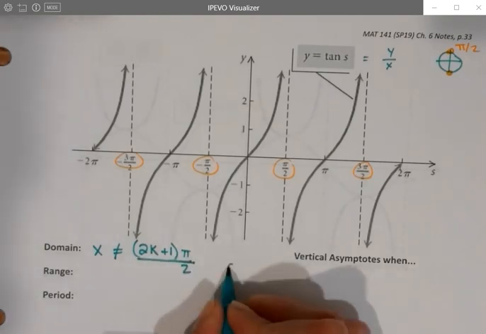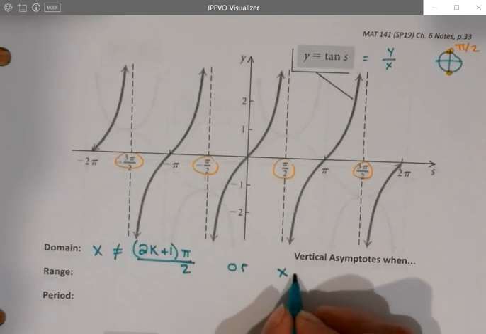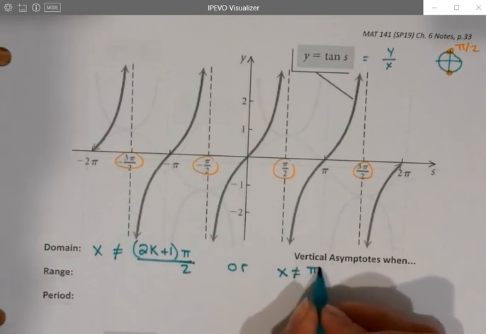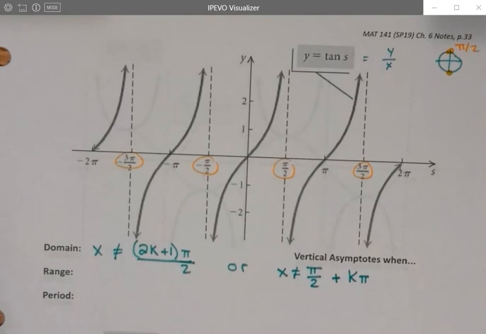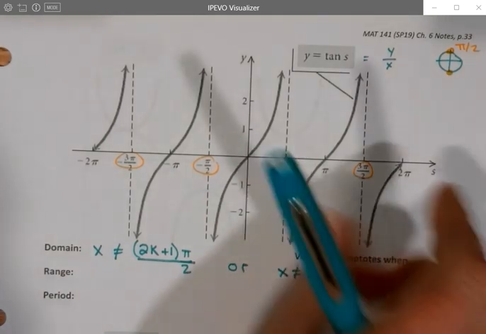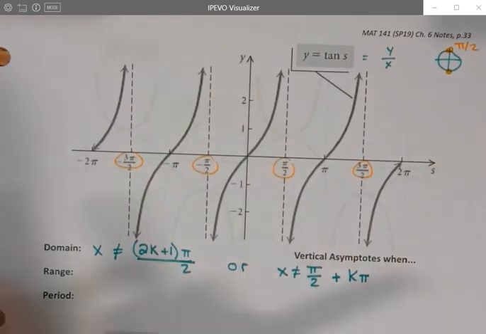Or the other way you can say this is: x can't be pi halves, that's the first one, and then plus any k pi. So if you go from there and you add pi and you add pi, or you go back pi, because k can be positive or negative, you'll get all of them.